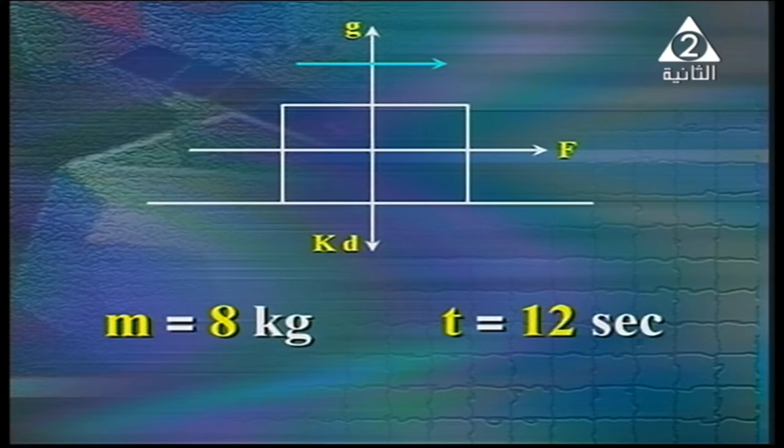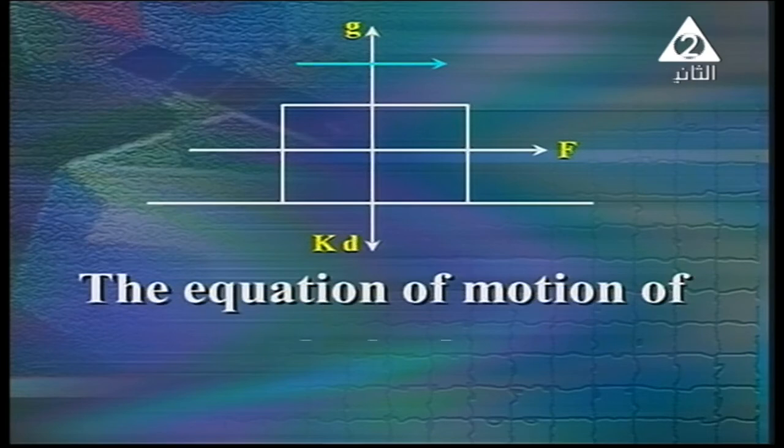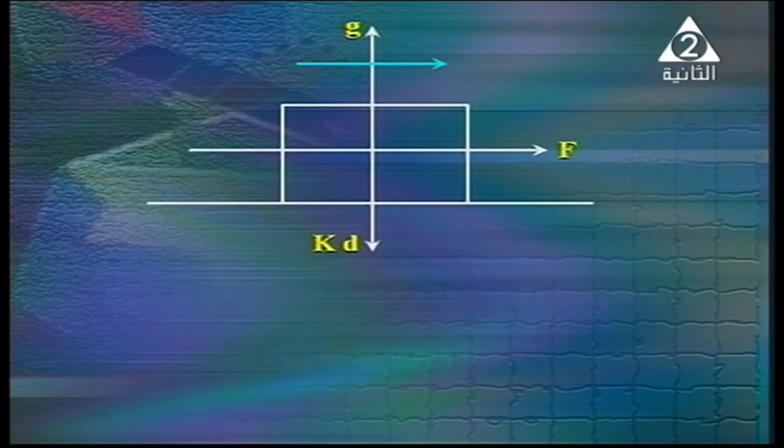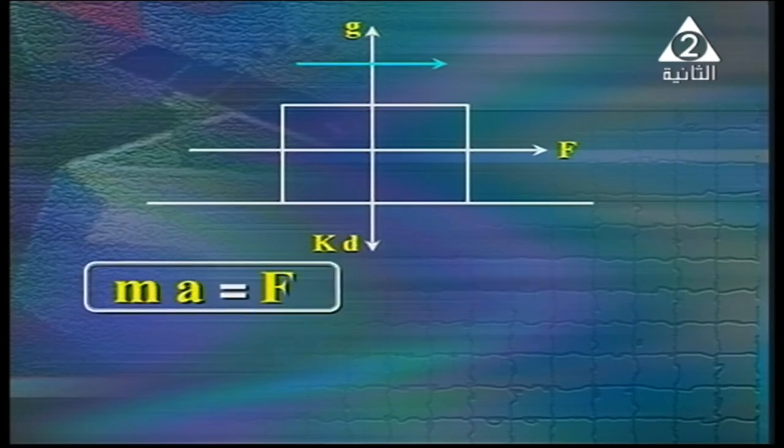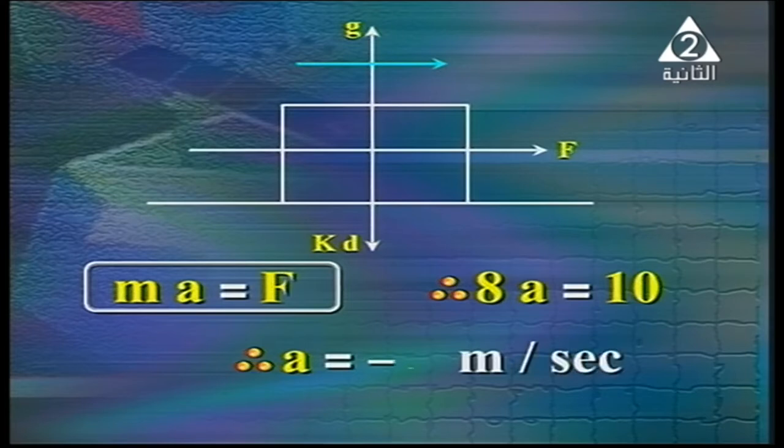t equals 12 seconds, by using the equation of motion of the body. Dear student, ma equals F. Then by substitution, m equals 8, F equals 10 Newton, we find the acceleration equals 5/4 meter per second square.